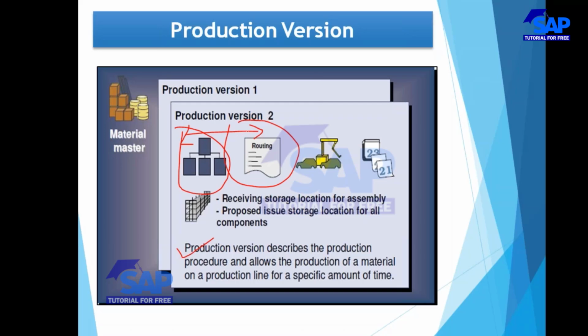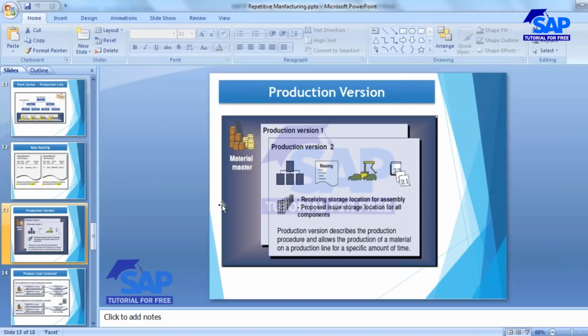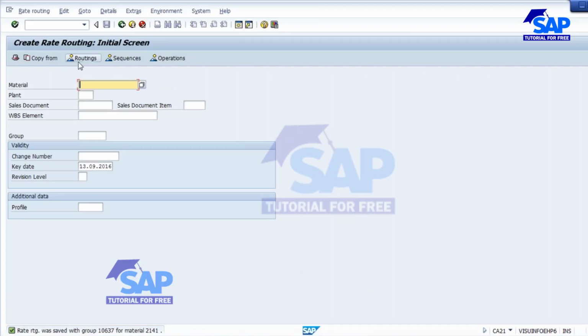To create a production version, the prerequisites are that you should have a BOM and a routing, and in the case of repetitive manufacturing, a rate routing. Other than this, you can maintain some extra settings, like the receiving storage location and issue storage location for all the components. So we will be creating the production version. Let's go to the material again. Let us go to MM02.